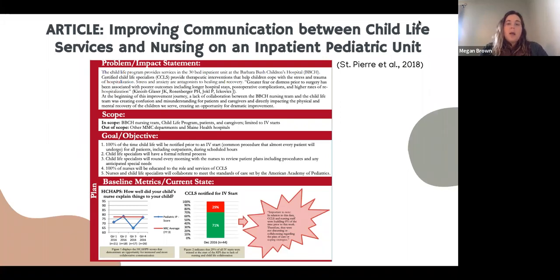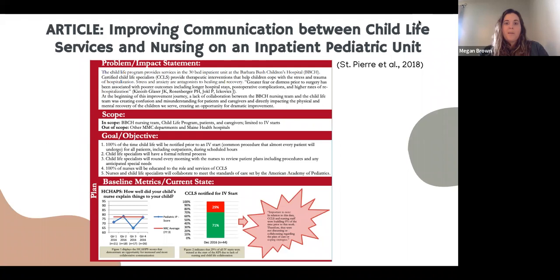They created a poster about what they did in their unit to create this multidisciplinary team and to have that level of collaboration. I think that's such a key word when it comes to multidisciplinary teams. As I was looking up the definition, it talks about working with others towards the same mission or purpose.